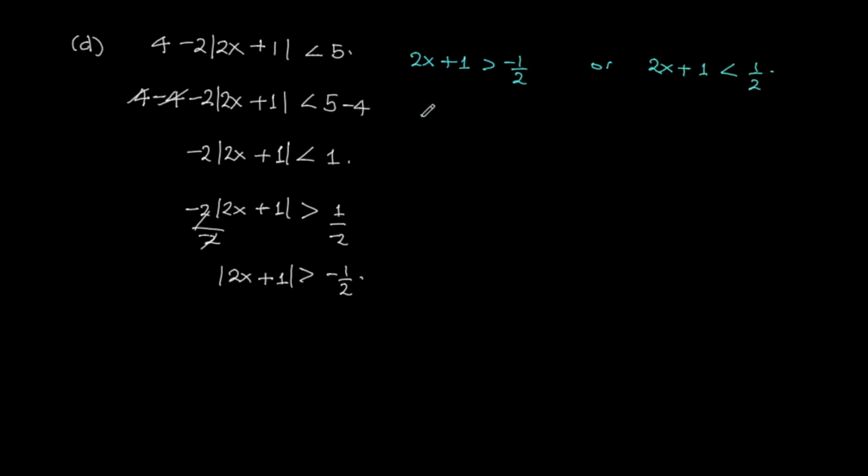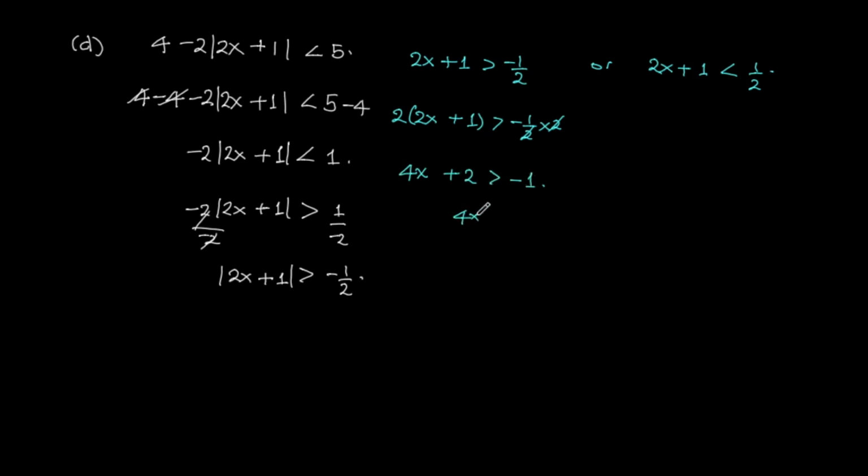Solving them independently, the best approach here is to multiply both sides of this inequality by 2 to get rid of this fraction. So the right hand side would be negative 1/2 times 2, and of course the 2 will vanish off, and we open up this bracket to have 4x plus 2 is greater than negative 1.